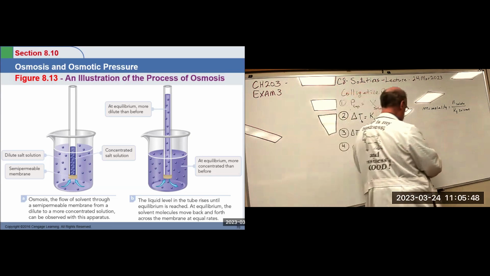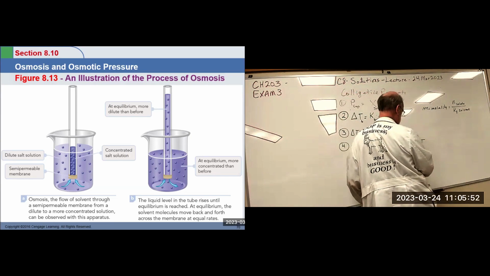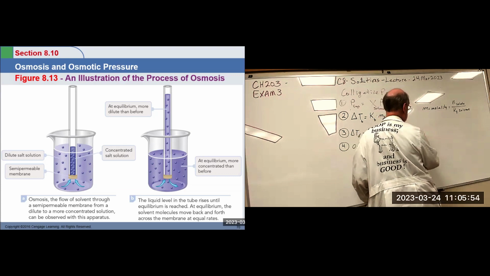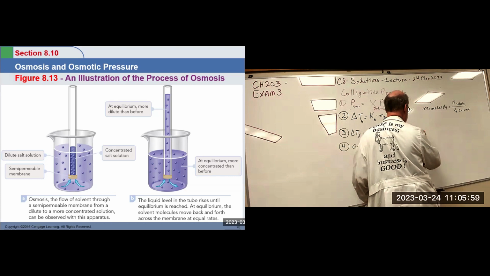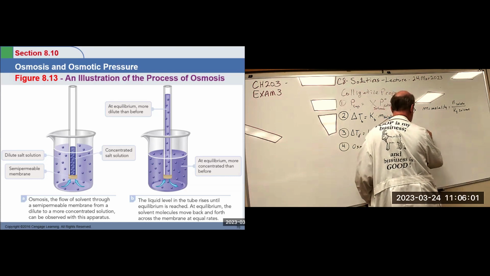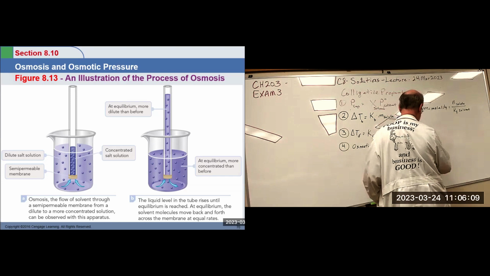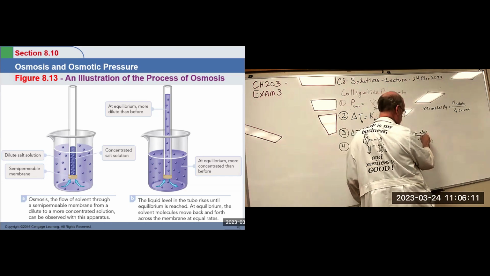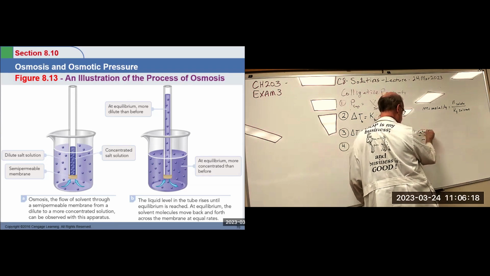So let's see if our units work out. So this is moles per liter. This is liter atmospheres per mole K, that's R, and temperature would be in K. So let's see, K cancels, mole cancels, liter cancels, and leaves us with atmospheres.